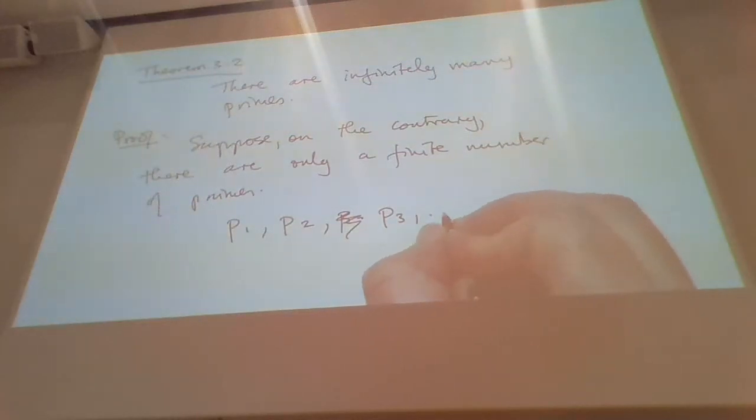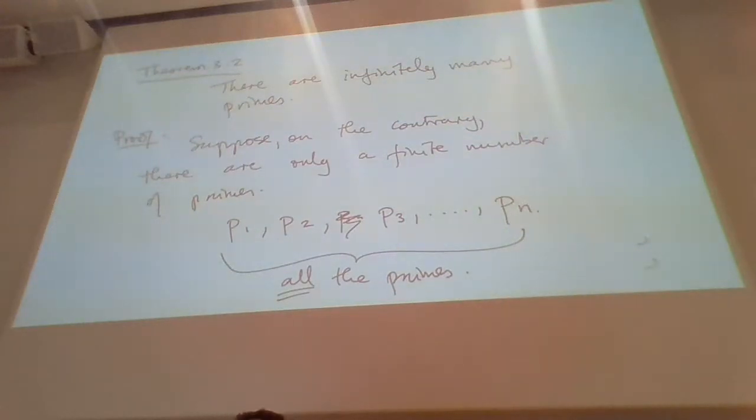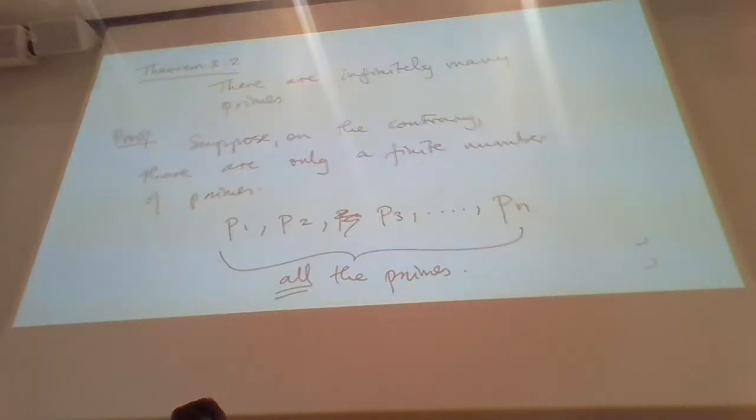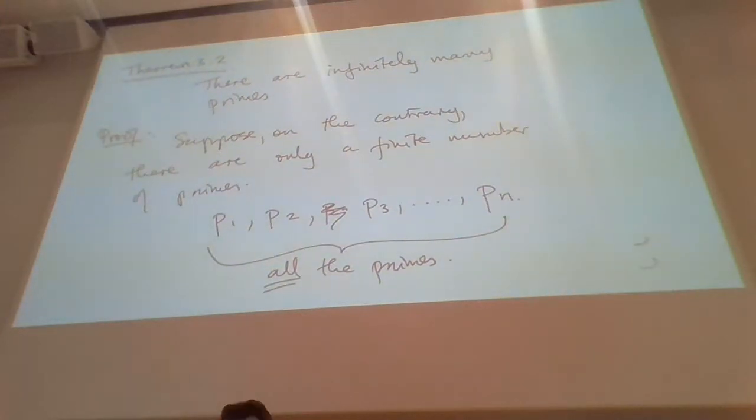We know there's at least 2, 3, or 4 of them, but let's suppose that this list is exhaustive. This is all the primes. There's only a finite number, so they're indexed by the counting numbers. It goes up to some upper limit.